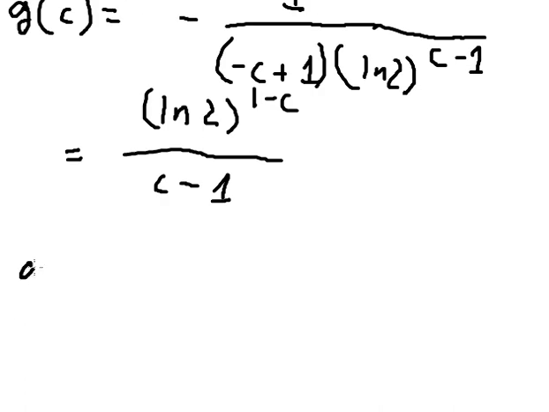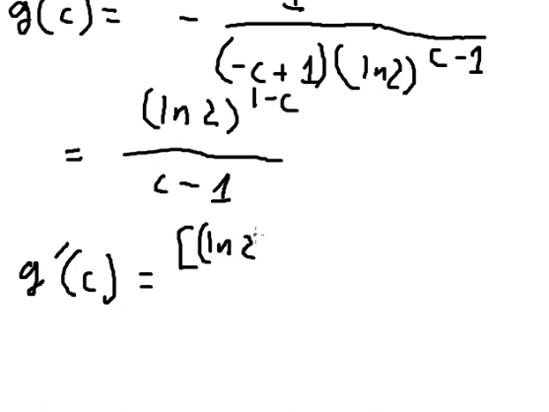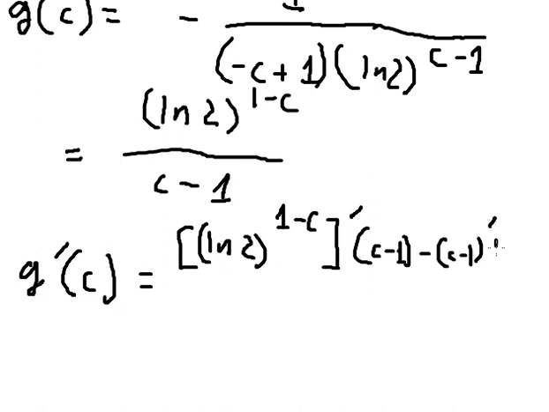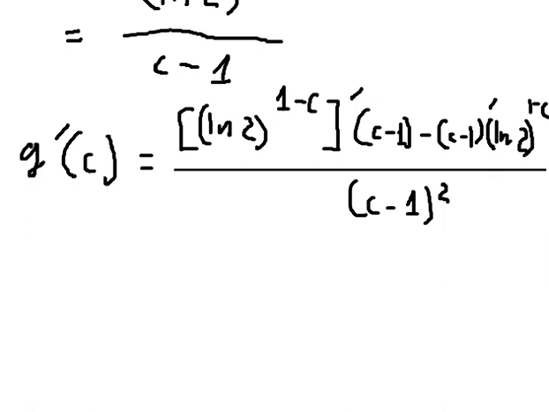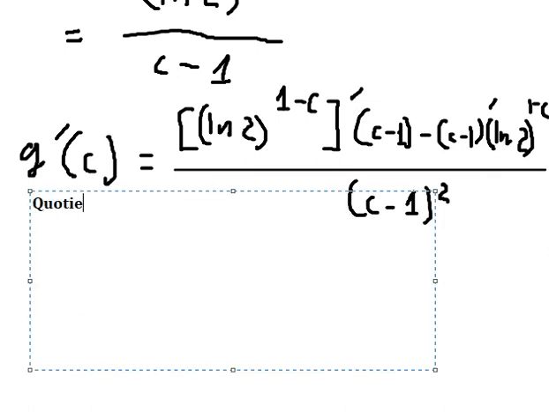Now we need to find first the derivative of G(c). So that should be like this. So this is about the quotient rule of the derivative.